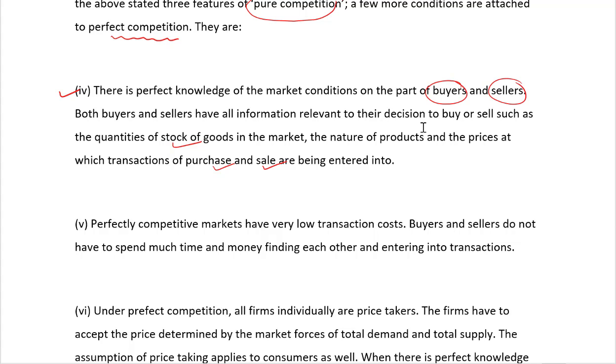They have detailed information of the quantities of stock available in the market and the price at which transactions are taking place.